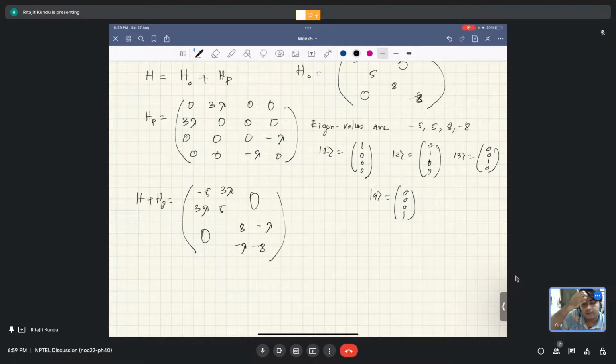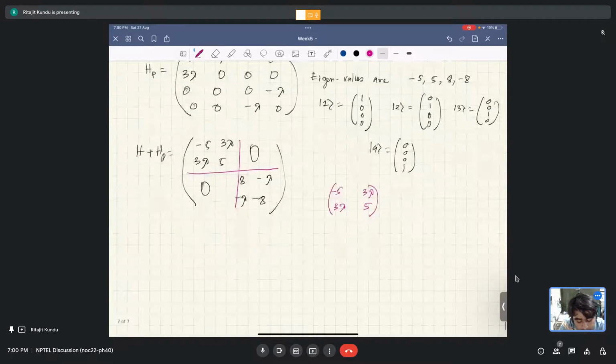Whenever you have a block diagonal matrix like this, you can separate each of these blocks out. You can look into these smaller blocks and find the eigenvalues, and they will give you the eigenvalues of the whole system. For example, look at this smaller part: minus 5, 3 lambda, 3 lambda, 5.